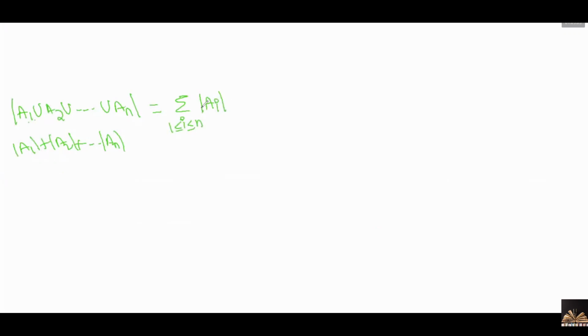Clear? Next, for the first term you will get plus. When you take 2 sets at a time, you get minus: minus summation of cardinality of Ai intersection Aj, where i is less than j.